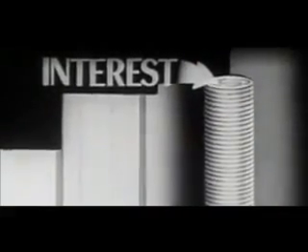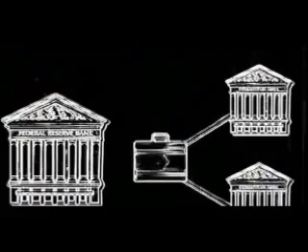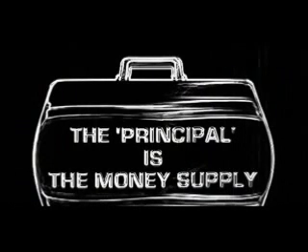In other words, almost every single dollar that exists must be eventually returned to a bank with interest paid as well. But if all money is borrowed from the central bank and is expanded by commercial banks through loans, only what would be referred to as the principal is being created in the money supply.